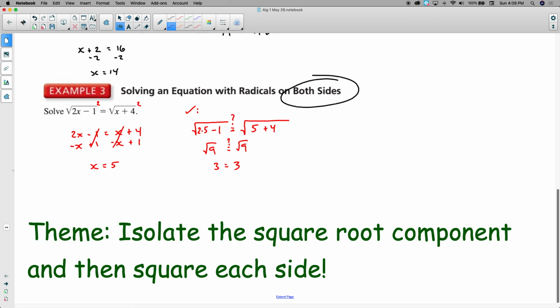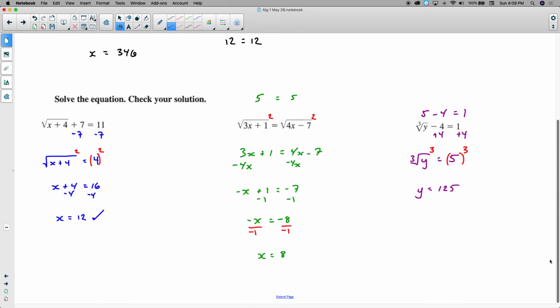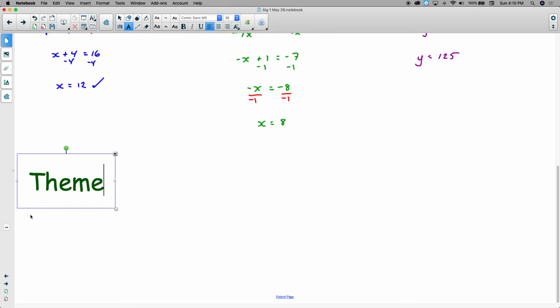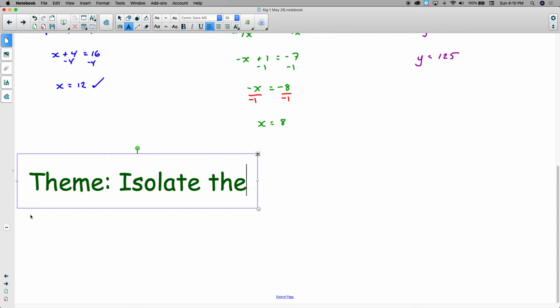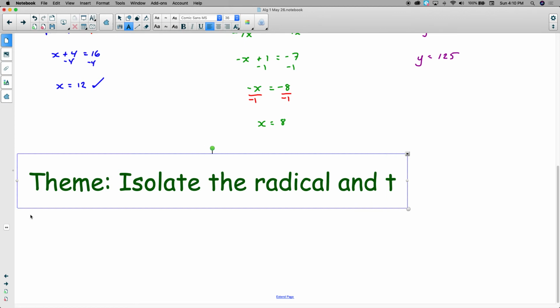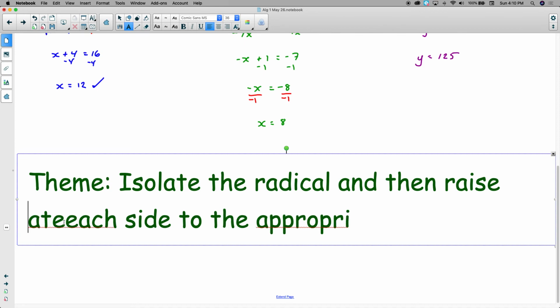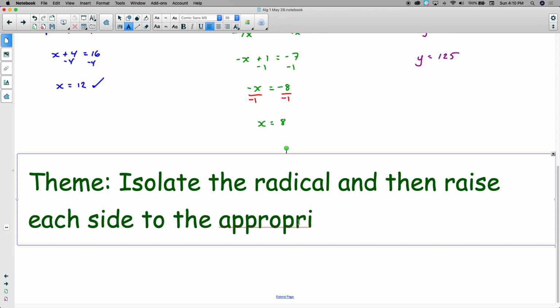All right, now, if I could take you over to this one where things are a little different, let's get our second theme, which is really just a variation of the first theme. See if we can get this into words. All right, so theme: isolate the radical, and then raise each side to the appropriate power.